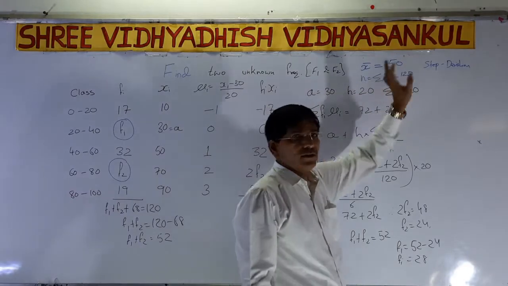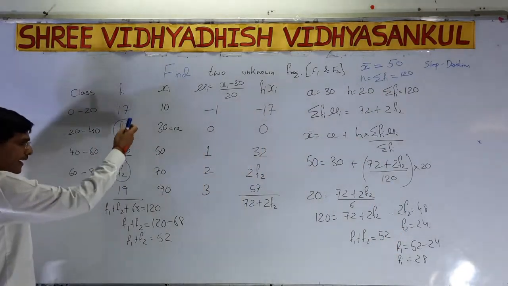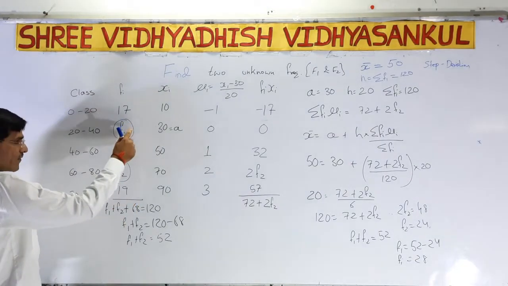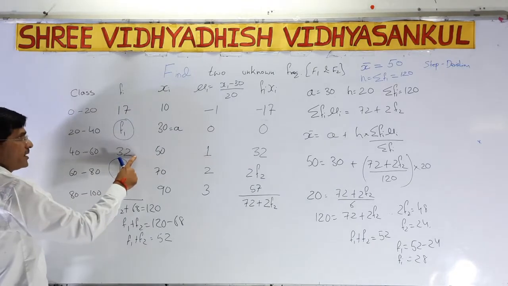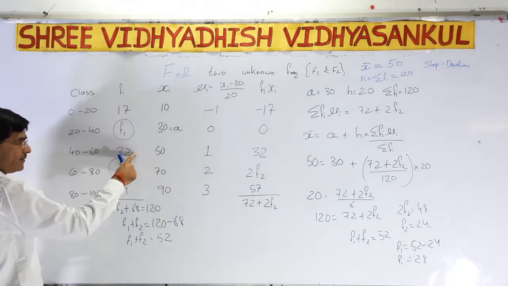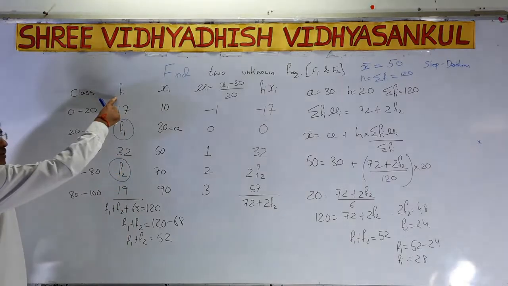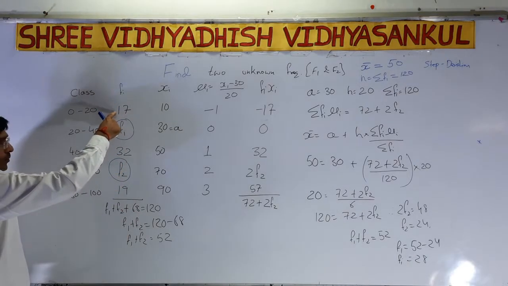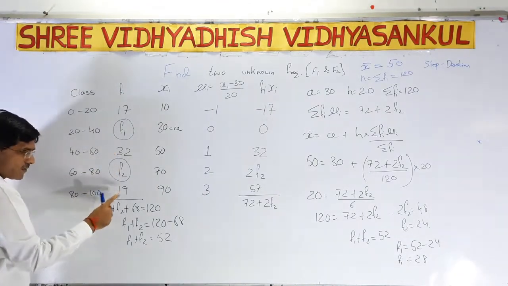How much? 120. Now what do I have to do? First add all these. F1 and F2 remain as they are. 17 plus 32, 7 plus 2, 9; 1 plus 3, that is 4, plus 90 is 139.